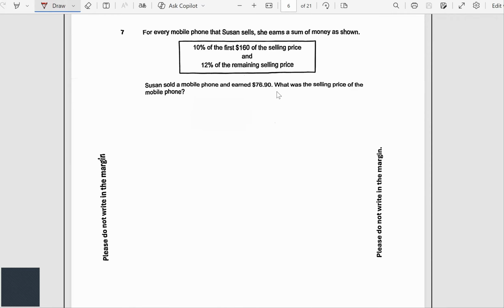So this amount that she earned has two parts. The first one is 10% of 160, and the other one is 12% of the remaining, which we don't know. I can find 10% of 160, which is $16.